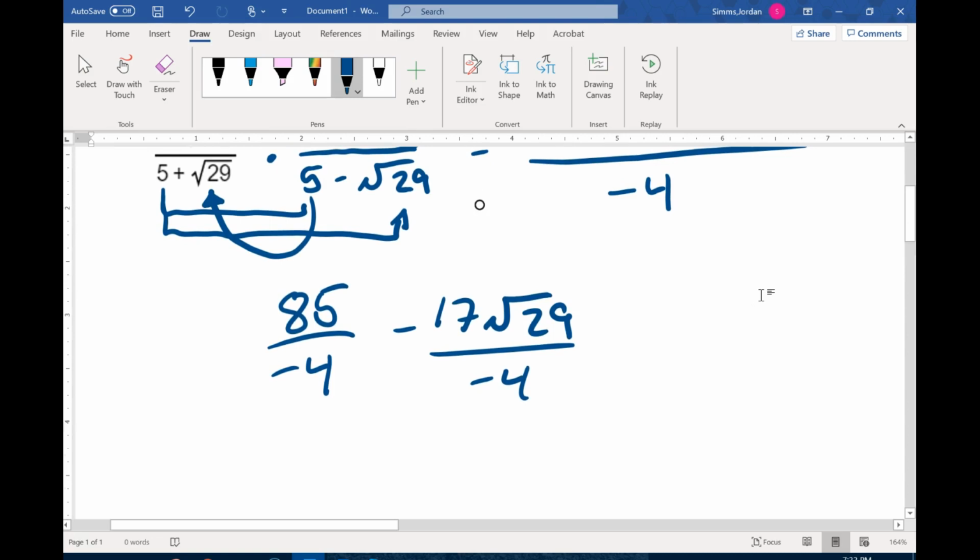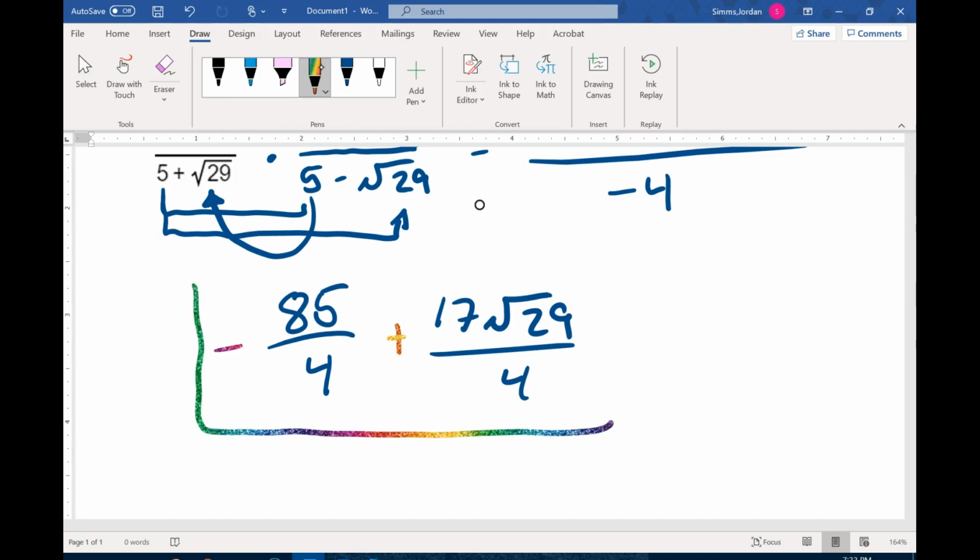So if we figure out what's happening here, this is going to simplify to be negative 85 over 4, and this is going to be a positive because we have two negatives, a negative divided by a negative. Now again, it's not really cool to write it this way, even though we are technically correct right here. If you blast that in, you should be marked correct.